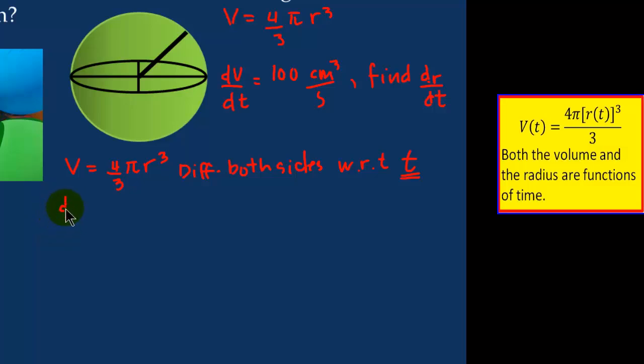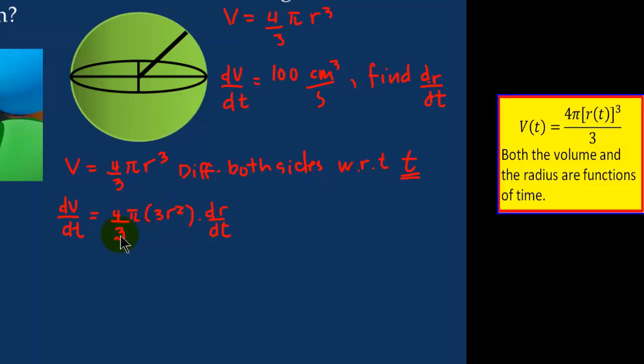So dV by dt will be equal to 4/3 pi times the derivative of r cubed, which is 3r squared, times, because this is just taking the derivative with respect to r, now we have to multiply by chain rule the derivative of r with respect to time. And it says we are to find dr by dt.